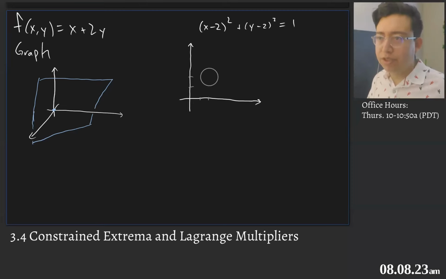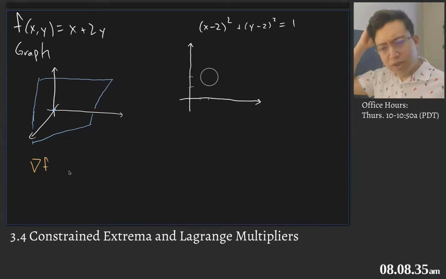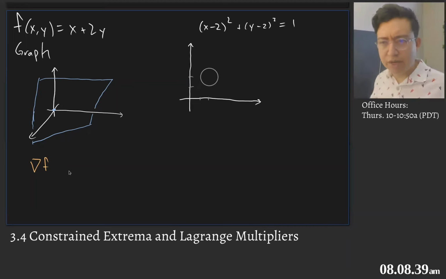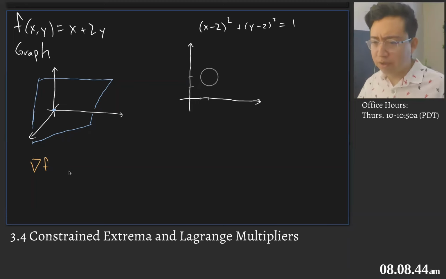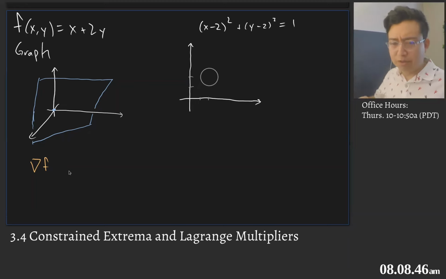And now let's think geometrically, what does the gradient represent for this function? What does the gradient of a function represent? It's a direction, right? Because you get a vector out. So what does the direction geometrically represent?